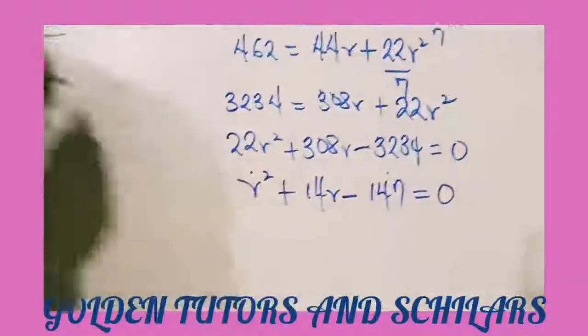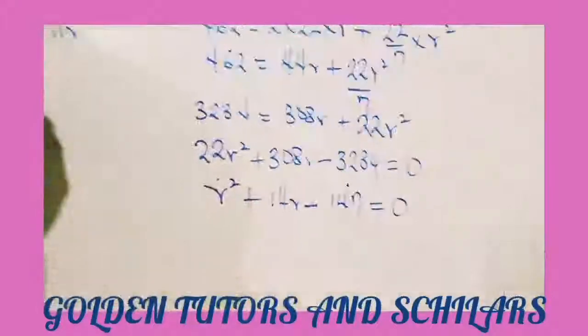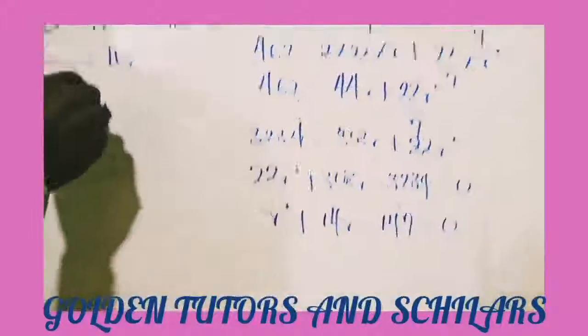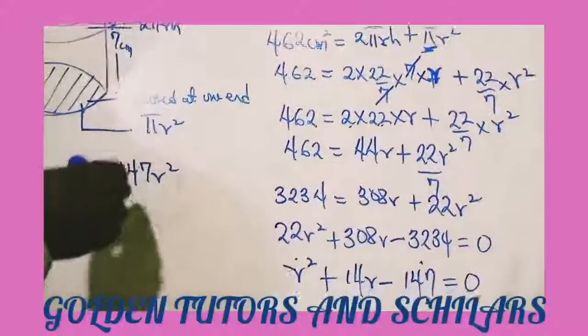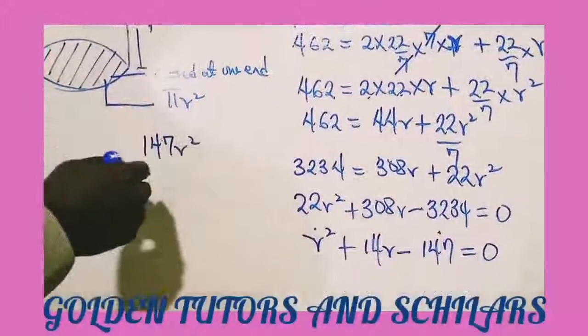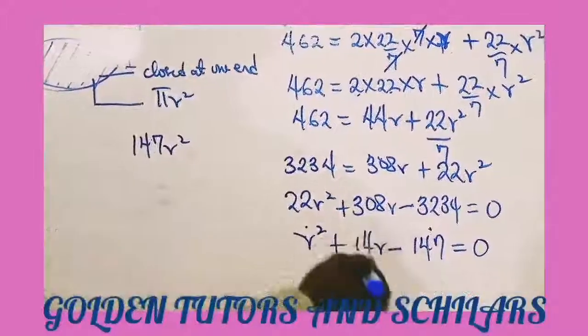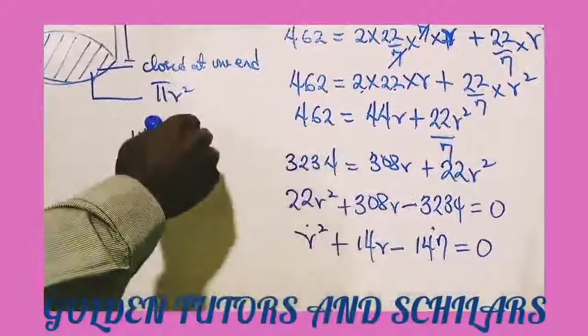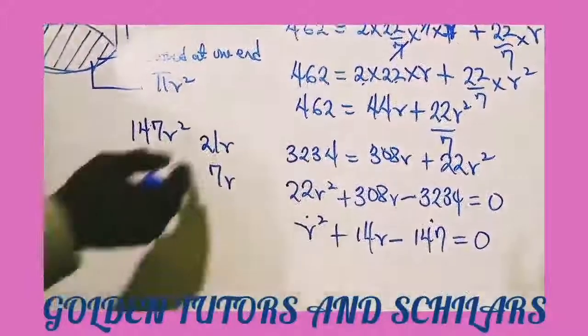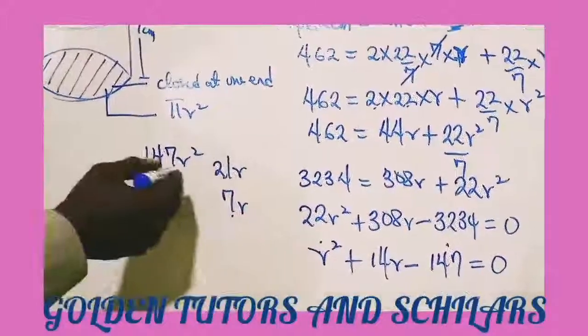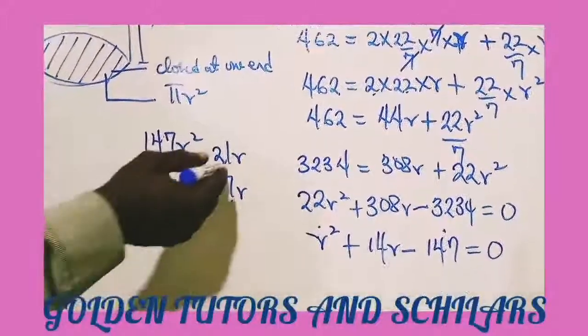Let's bring out the factors. 147 times r squared here will give us 147r squared. We look for two factors such that they multiply to give us 147, and when we add or subtract, we get this. These two factors will be 21r and 7r. 21r times 7r will give you 147r squared.